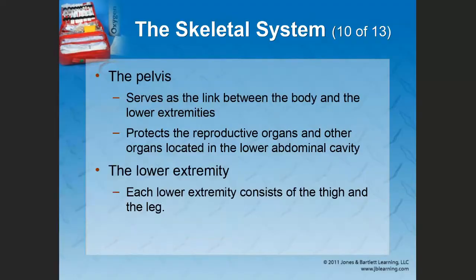All right, so the pelvis serves as a link between the body and the lower extremities. It protects the reproductive organs and other organs located in the lower abdominal cavity. The lower extremity, each lower extremity consists of the thigh and the leg.